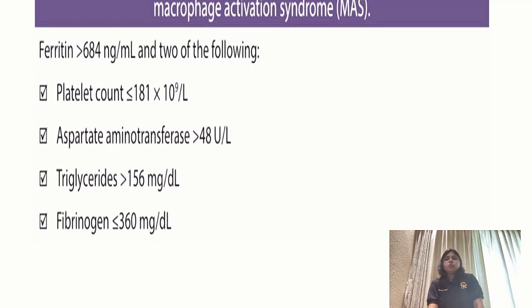Now, this is a very important chart which tells me the criteria of macrophage activation syndrome. For your exam purpose, you need not remember all the values, but you need to remember one clinical scenario, because as NEET is coming up, we are expecting, as I told earlier, more and more clinically oriented MCQs.